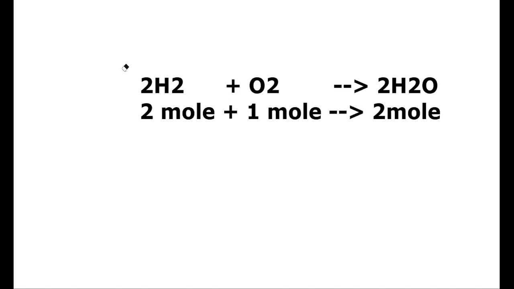It means 2 moles of hydrogen can react with 1 mole of oxygen to make 2 moles of water. So the ratio of hydrogen to oxygen is 2 to 1. For each 1 mole of oxygen, you need 2 moles of hydrogen to make 2 moles of water molecules. That's the meaning.